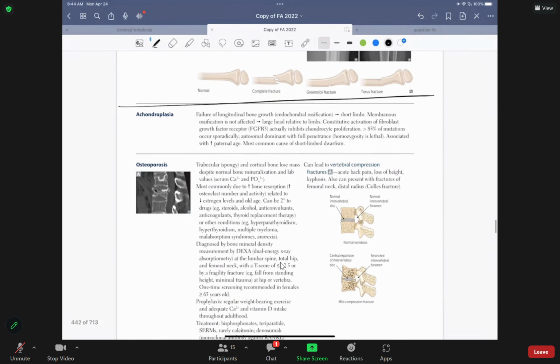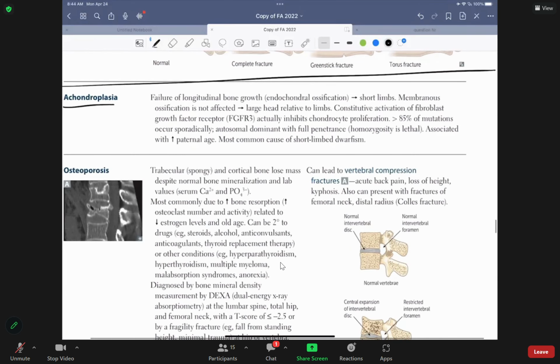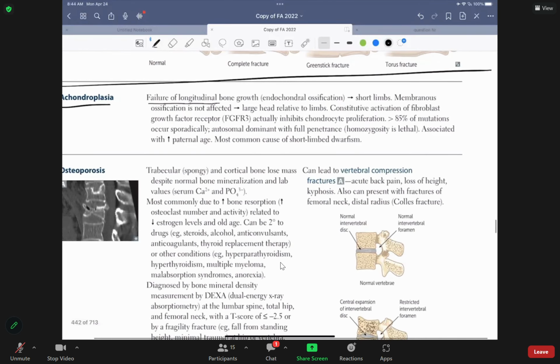Now, first disease, achondroplasia. The problem with achondroplasia is failure of longitudinal bone growth, which is affecting endochondral ossification. So these people have a defective endochondral ossification, which means their skull bone and clavicle are normal, but everything else did not develop. Is that clear, folks? So they have short upper and lower extremities. You could see that.